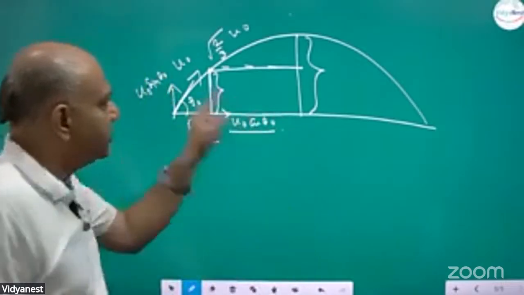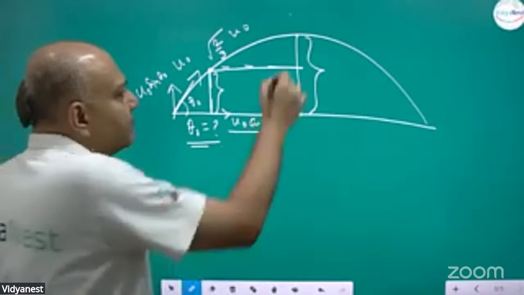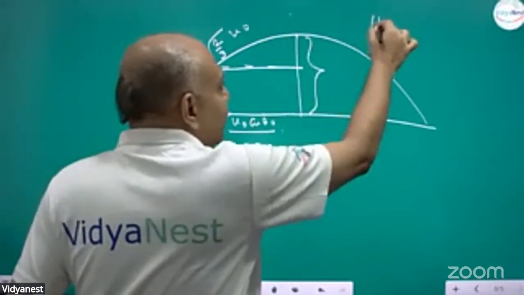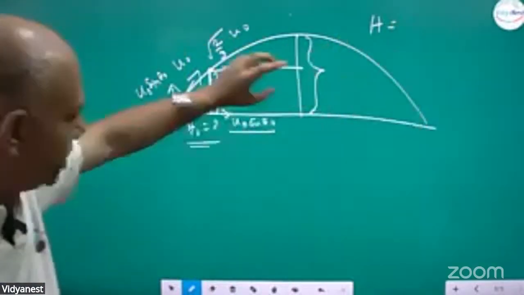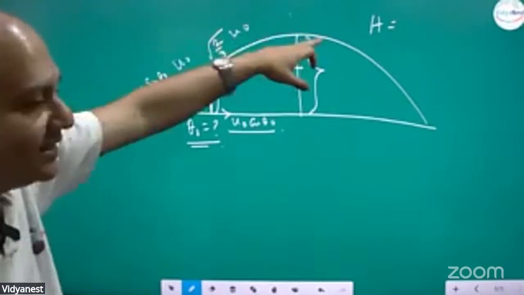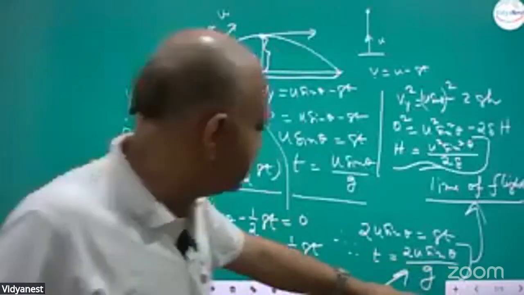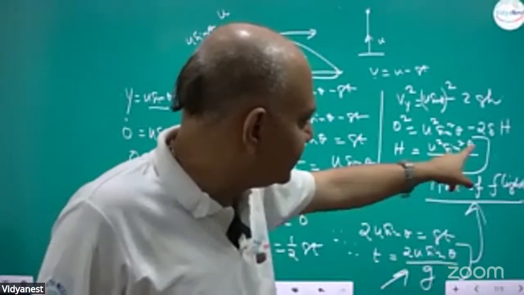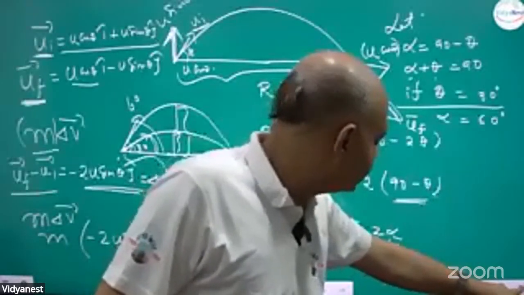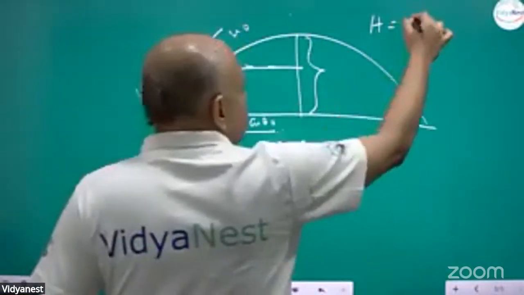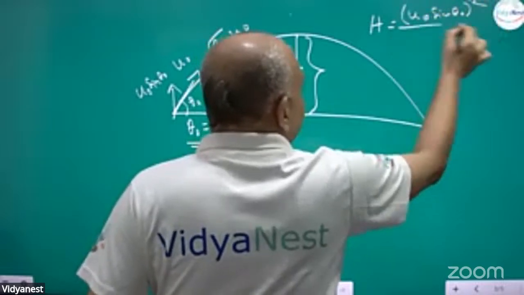These are the two components. Now if I want to find the maximum height h, the formula we found is u naught square sine square theta naught divided by 2g.